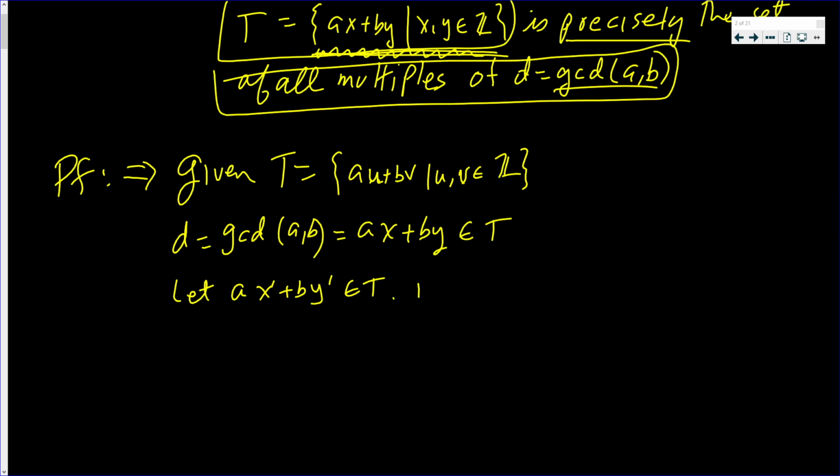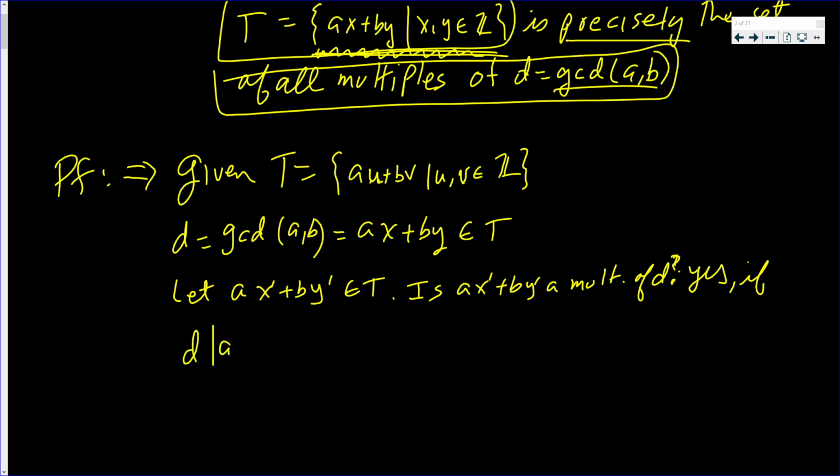Okay, so let's say that. Is ax prime plus by prime a multiple of D? Well, it is if D divides that. Yes, if D divides ax prime plus by prime.